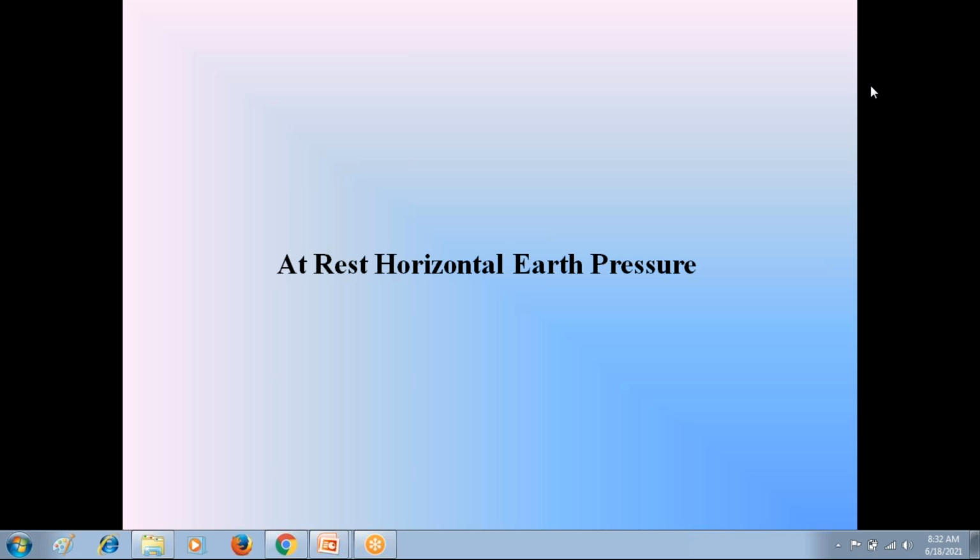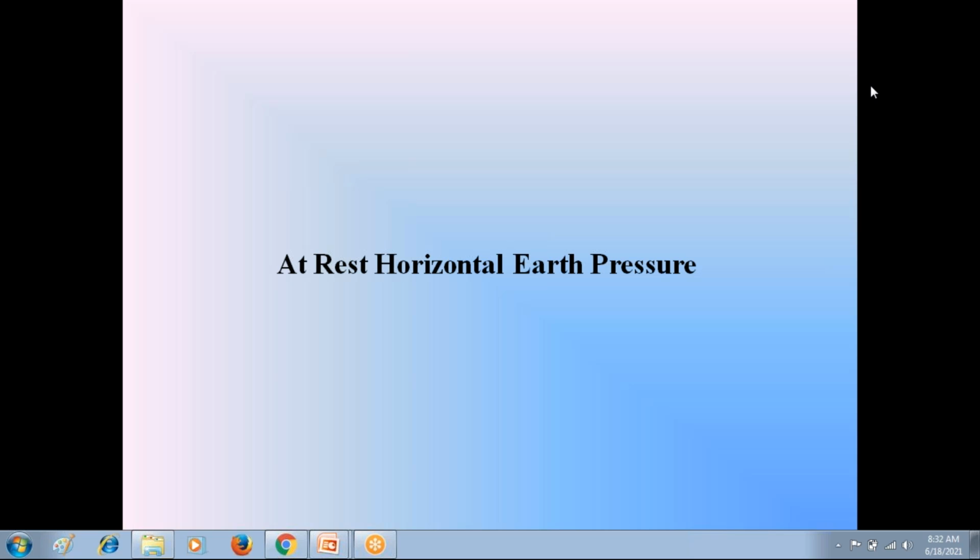The same sigma H is also acting on the retaining wall. So sigma H is the at rest horizontal earth pressure acting on the retaining wall at a depth Z from the top of the backfill.